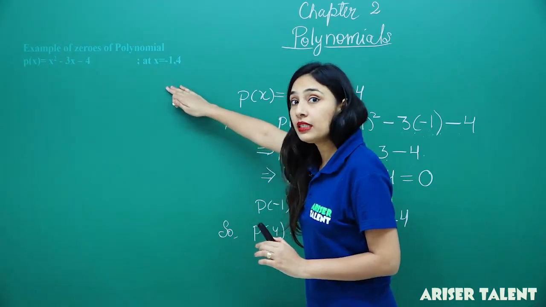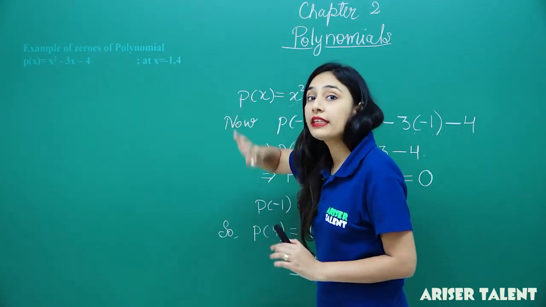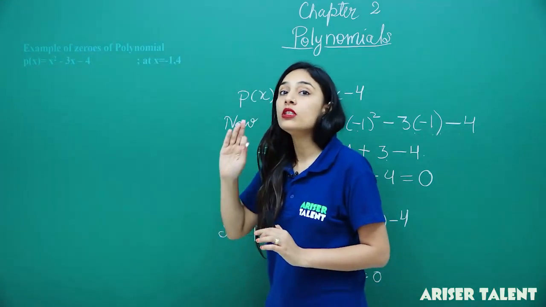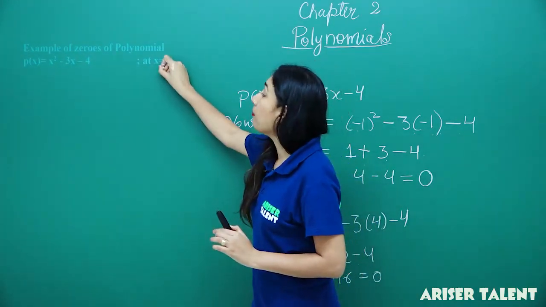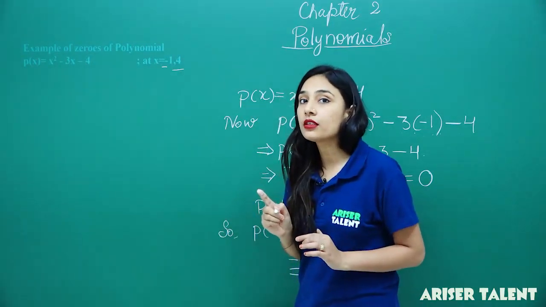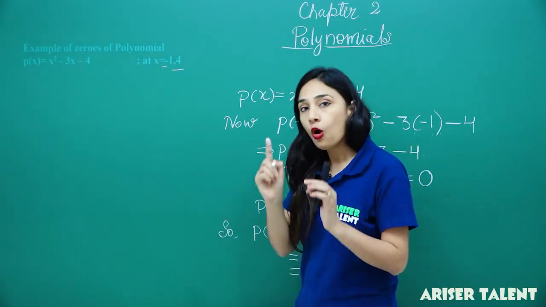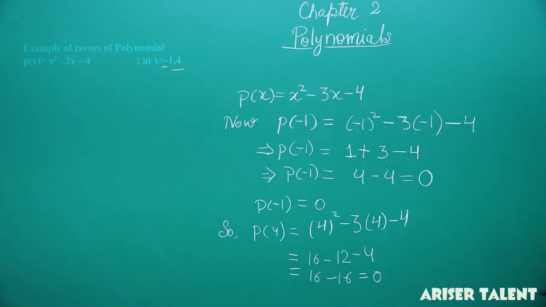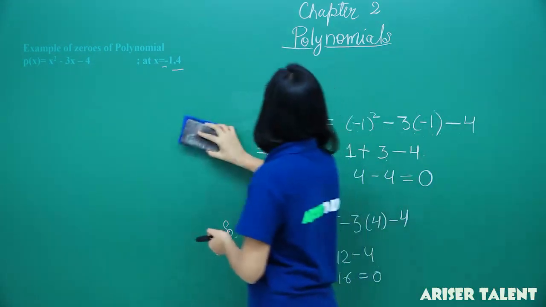So, p(minus 1) and p(4) will give you the value of this expression equal to 0. So, minus 1 and 4 are the zeros of the polynomial. Okay, note it, I'll rub it. I hope you noted it down.